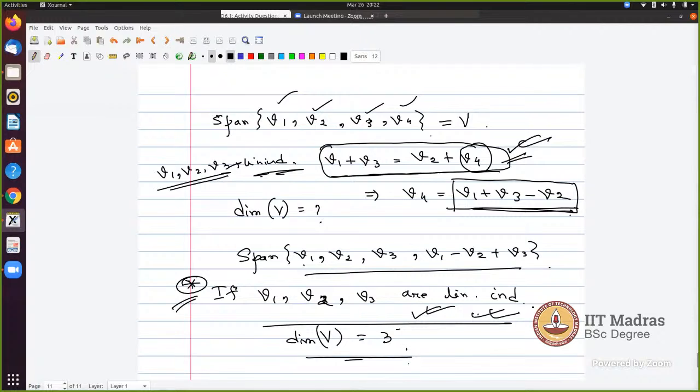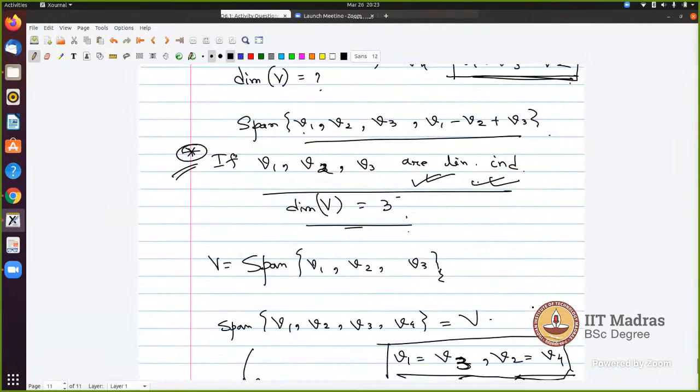This is just for clarification of your concept. But if it is asked, then the condition that V1, V2, V3 are linearly independent is important. Otherwise you cannot conclude anything from here, because all four can be the zero vector. There are many possibilities. Thank you, sir.